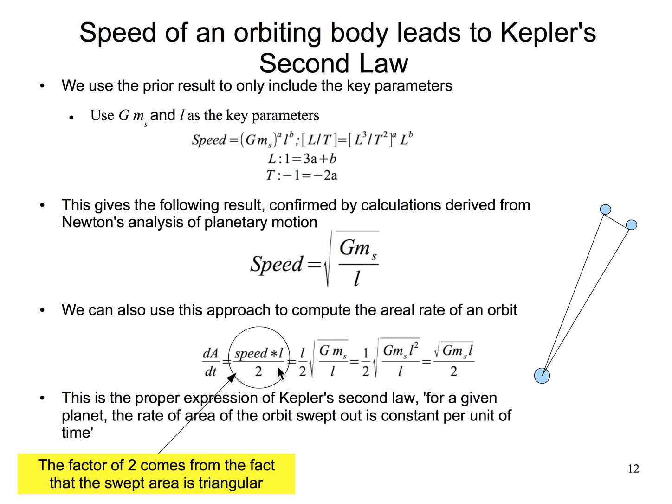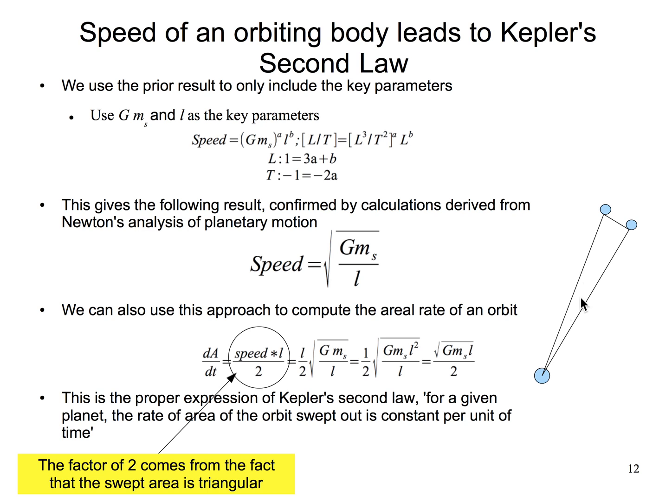And once again, we can calculate Kepler's law that the area swept out is the same for any interval of time, regardless of where the planet is in its orbit. So the area swept out forms this kind of triangle. So it's the speed times the distance from the sun, divided by 2, because it's a triangle.